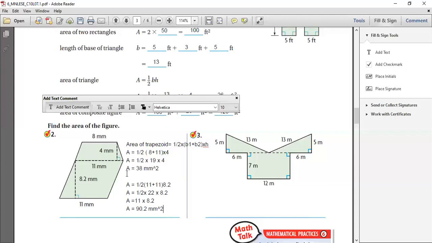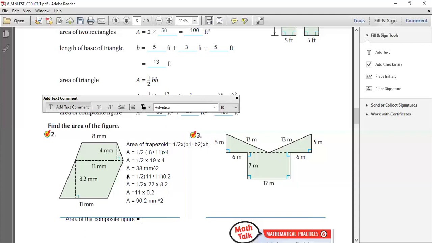Now we have the area of this trapezoid, and also the area of the other trapezoid. So let's add them all together. Finally, you need to write: area of the composite figure equals 38. That's for the first one, right?